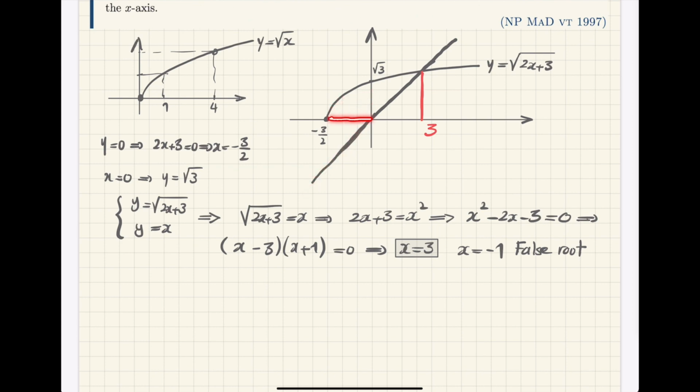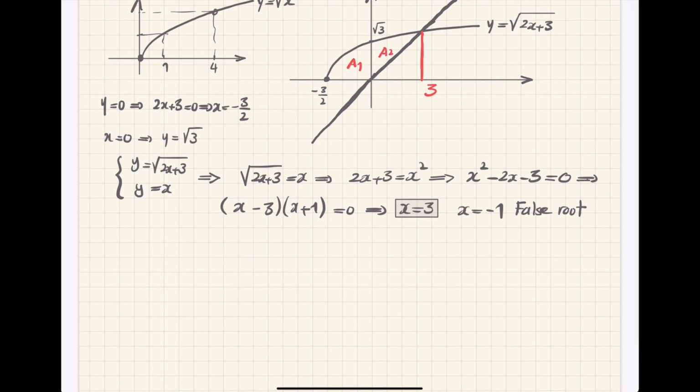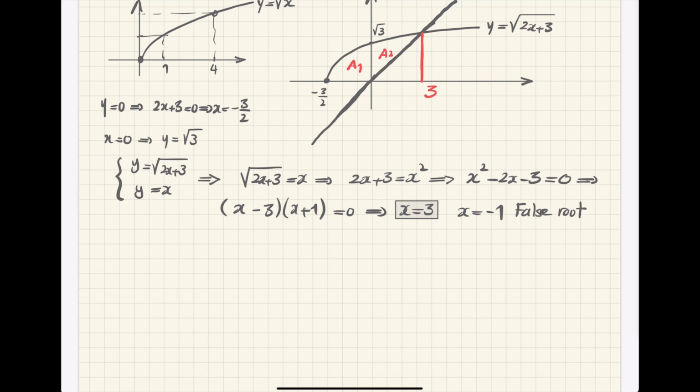It is between the x-axis and this curve. But the other part of the area is between this and that. So this part is the area between two curves. This area is between the curve and the x-axis. So I have to split it up. Let me call this part A1 and this part A2. But then you will see what the problem is actually.